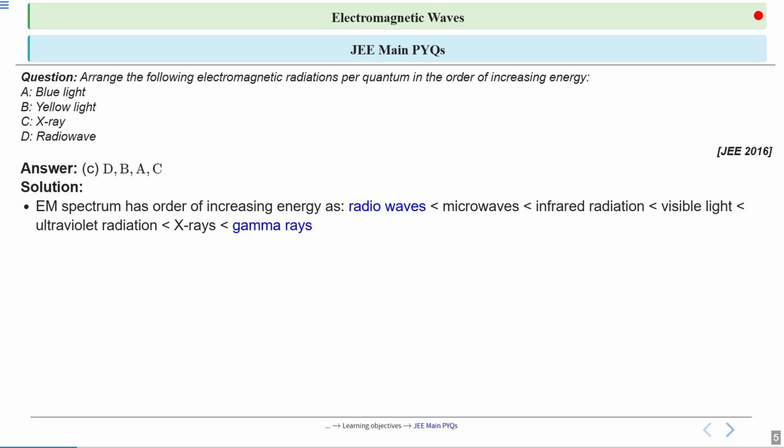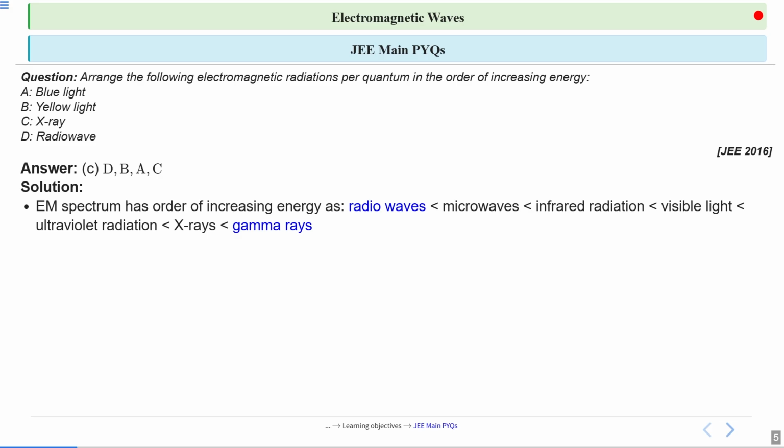Okay, and X rays have less energy than gamma rays. Ultraviolet radiation has less energy than X rays. Visible light has less energy than ultraviolet radiation. Infrared has less energy than visible light, and microwaves have less energy than infrared radiation, and radio waves have least energy among all the electromagnetic waves.